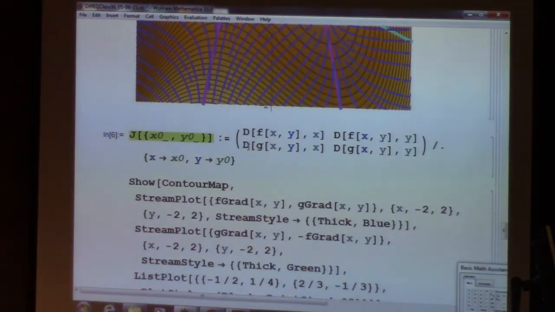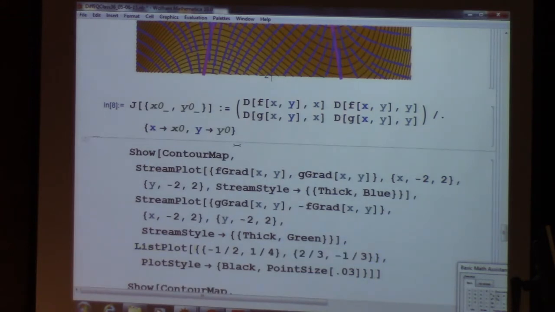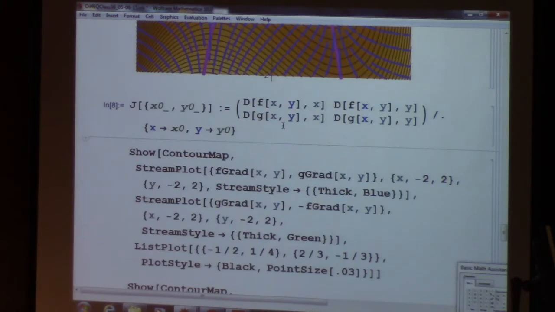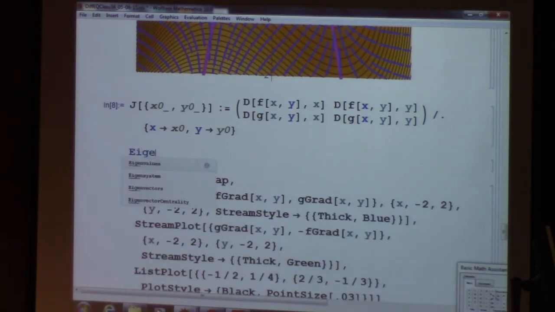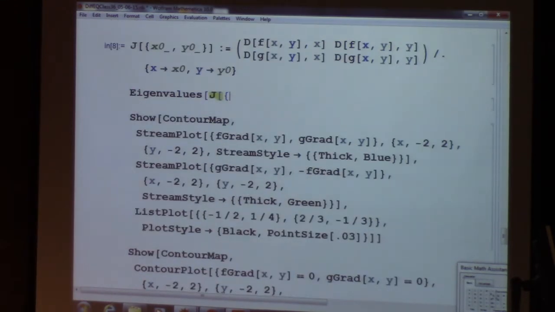Here it is again. What are the equilibrium points? Looks like they're these points, -1/2, 1/4, and 2/3, -1/3. What are the eigenvalues of J, the Jacobian, evaluated at -1/2, 1/4?